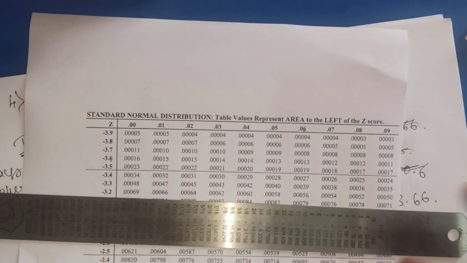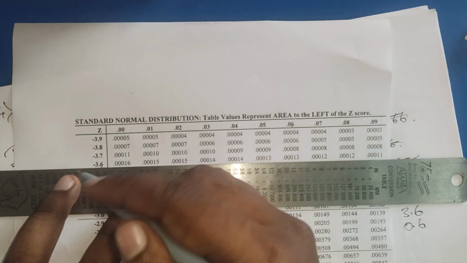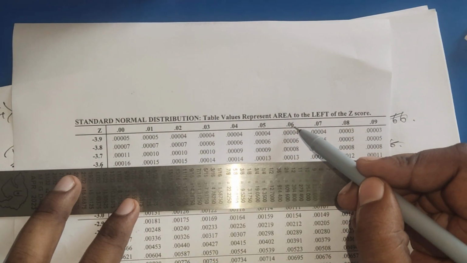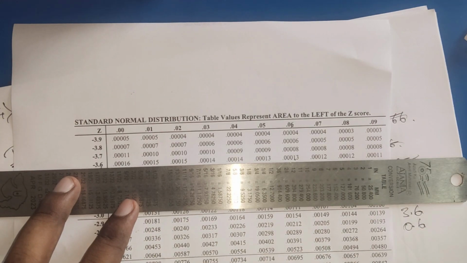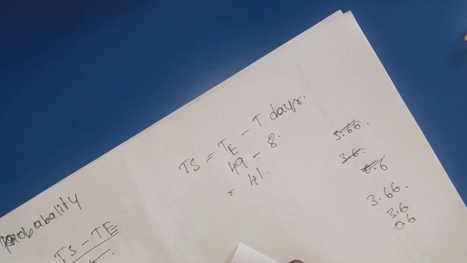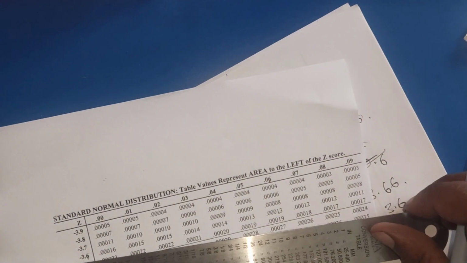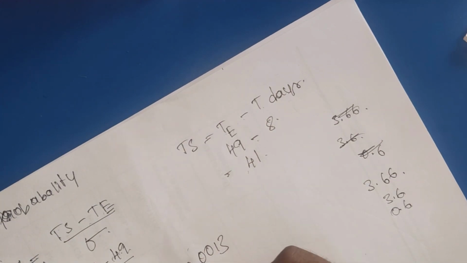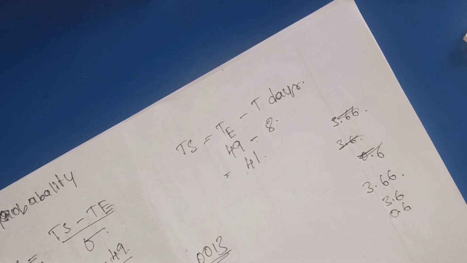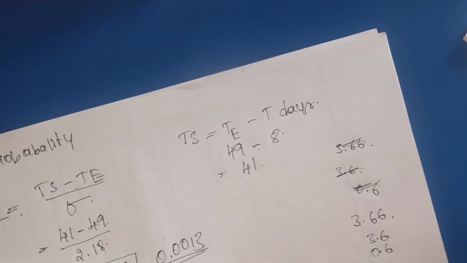Okay, 3.6 is here and 0.6 is here, and the value is 0.0013. That is the actual probability result.